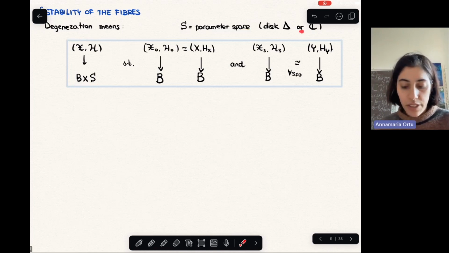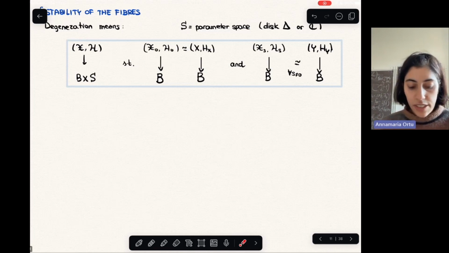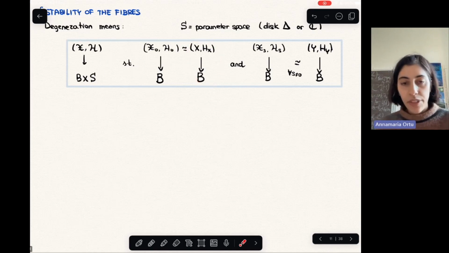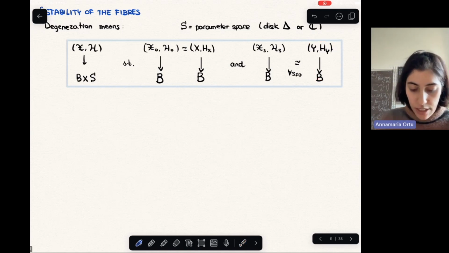You can think of it just as C or some curve in C, such that for S equals 0, so at a special point of this parameter space, we have the special fibration X over B, and at every other point S, the fibration is isomorphic to our original Y over B. So this is the special one, the relatively cscK one, relatively constant scalar curvature.